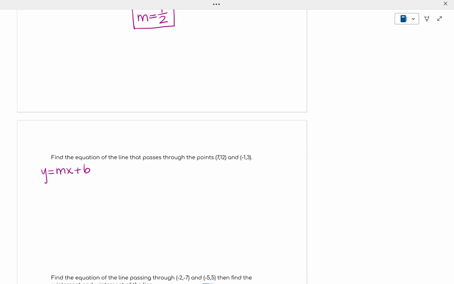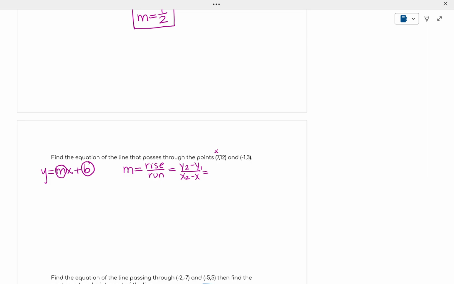So what we're expected to do here is to find the value of m and to find the value of b. So first step is to find the slope, which is the same process that we just followed in the last example. So that is equal to the rise over run.